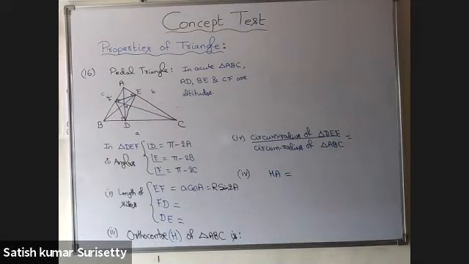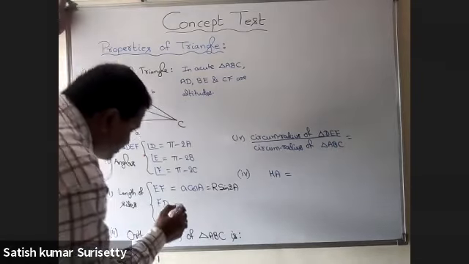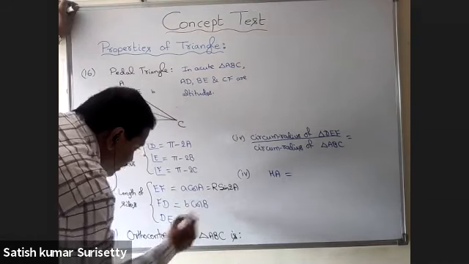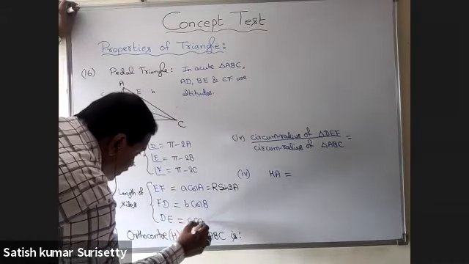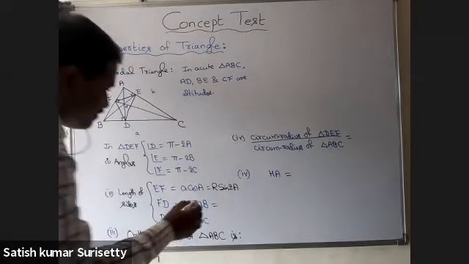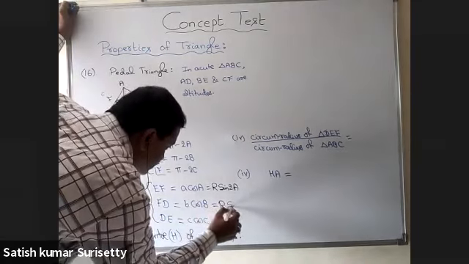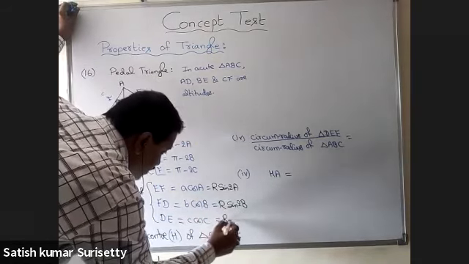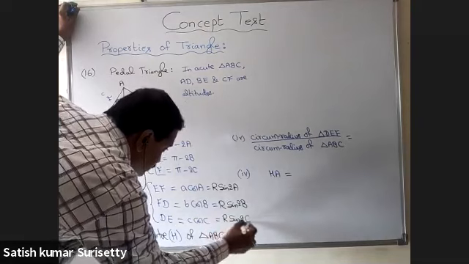Next, FD equals b cos B, and DE equals c cos C. FD equals R sin 2B and DE equals R sin 2C.